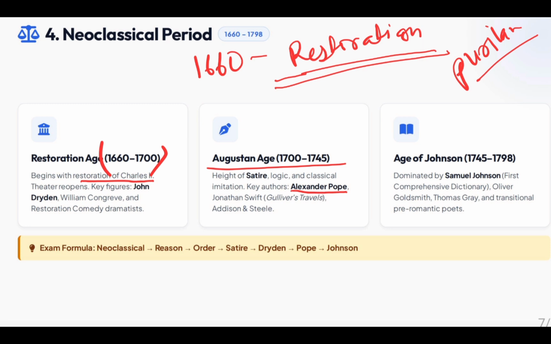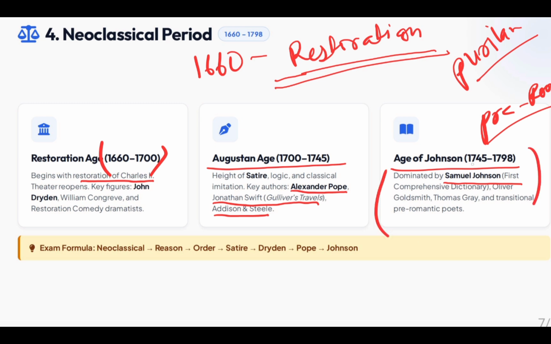Logic and classical imitations, and Jonathan Swift is also an important writer of this age. Then the Age of Johnson, that is 1745 to 1798, also sometimes called the pre-romantic age. I'll teach you all this when we cover the ages one by one in detail. Samuel Johnson was the dominant, prominent writer of this time, and many other writers also. But this period is 1745 to 1798.